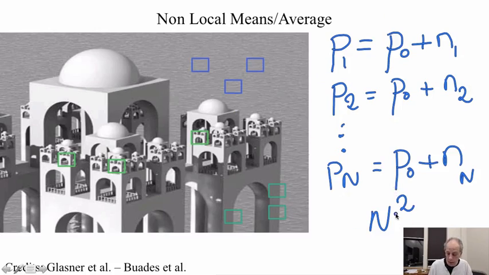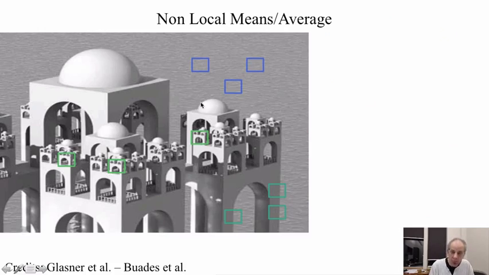And the basic idea then is to look for similar neighborhoods first and average them. So if I want to replace this pixel in the center here, I look at the neighborhood, I look for similar neighborhoods, and I replace the pixel by the average of the centers of the similar neighborhoods.